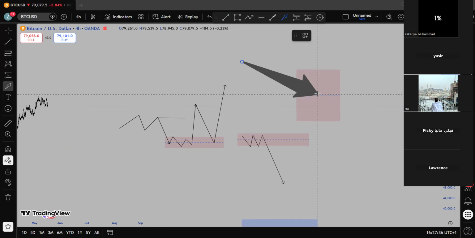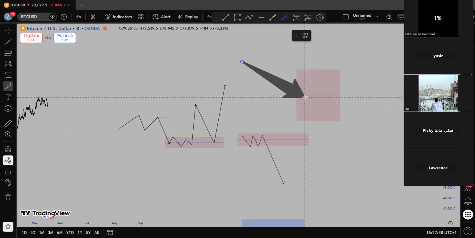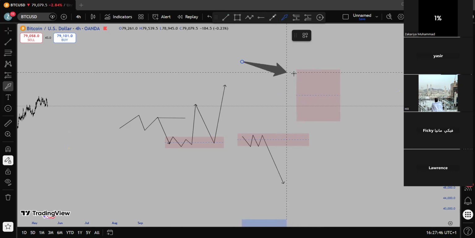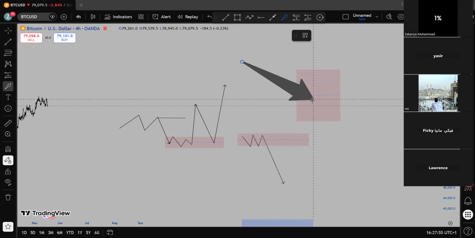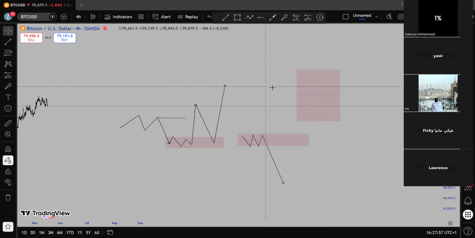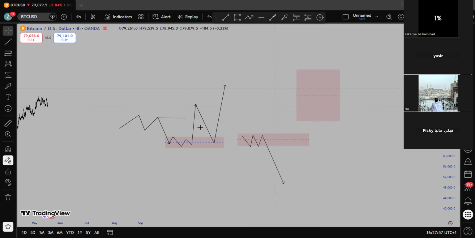I want this class to be an interaction class. You expect the door to be closed, because yesterday you came at the same time and found the door closed. So when you come today again, you expect this door to be closed. This is the psychology behind an order block.